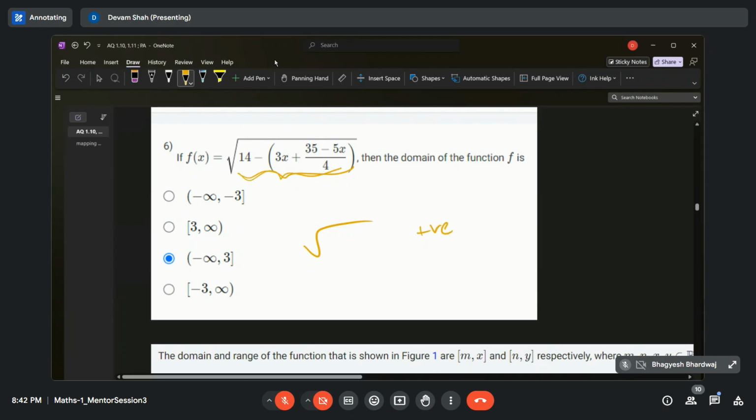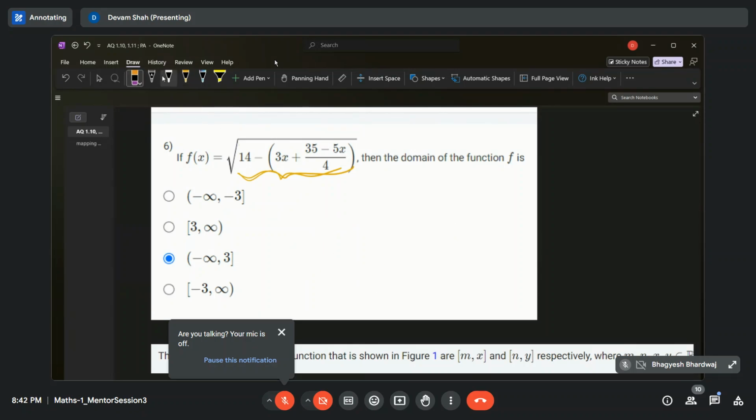The inside part will be positive, but it also gives always positive output, right? Like outside the root, don't we add the plus minus sign? No, we usually don't. We always go with the plus sign only. In general, in all questions, whatever the root is, except the quadratic formula.